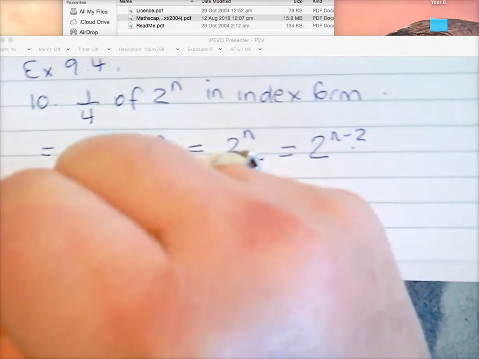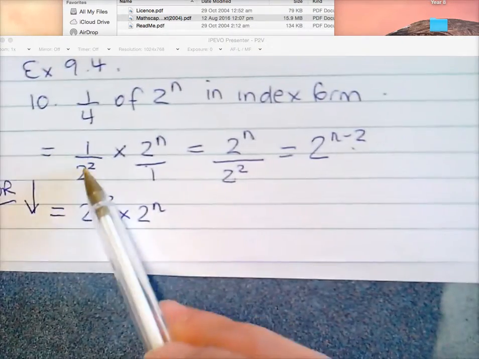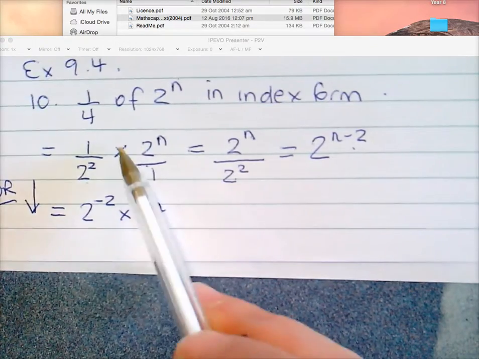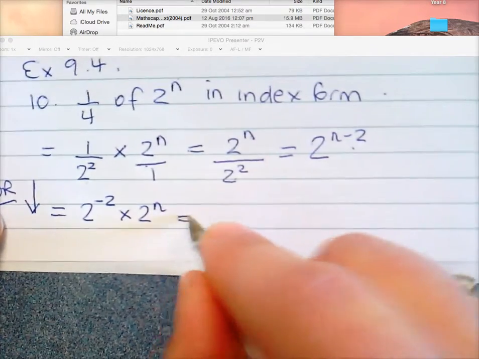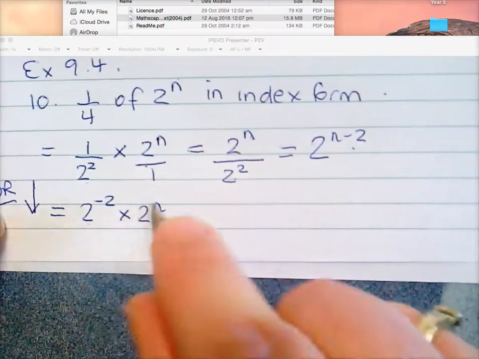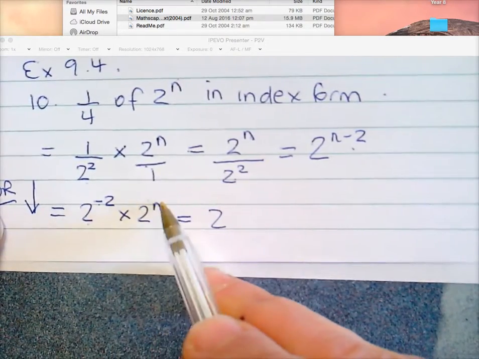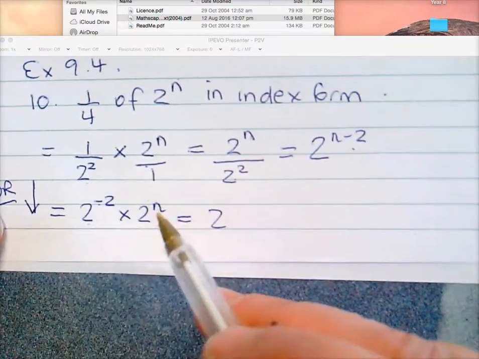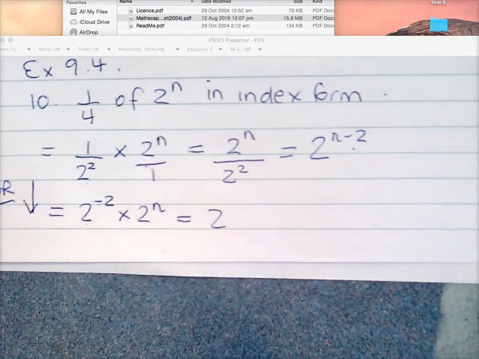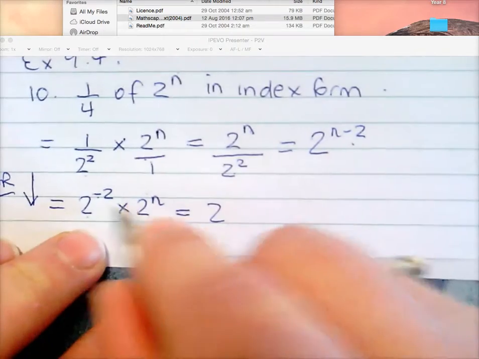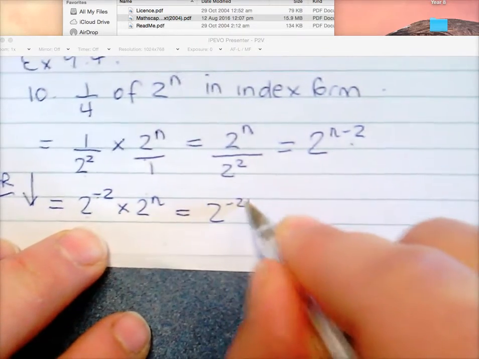The other way you could have done it, you could have said, I know that's 2 to the power of negative 2 times 2 to the power of n. Girls, here we're multiplying, so you add the indices, negative 2 plus n or n plus negative 2. We like to put the pronumeral first. So I can write that as negative 2 plus n.